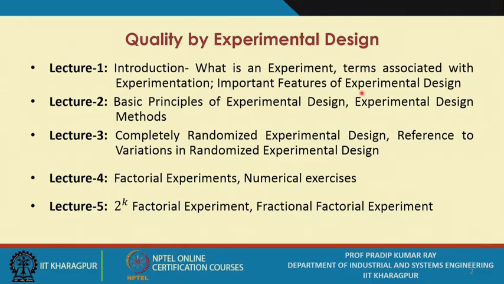Lecture 4, factorial experiments with numerical exercises we will cover, and lecture 5, 2 to the power k factorial experiment is a special experimental design which is widely used. We will be talking about it, including the fractional factorial experiment.